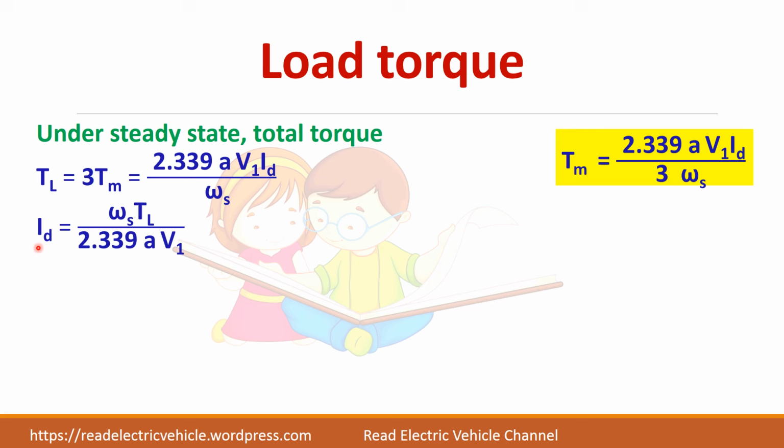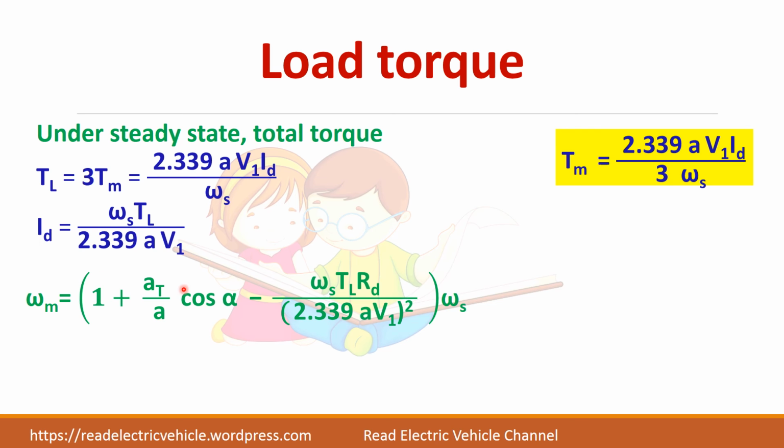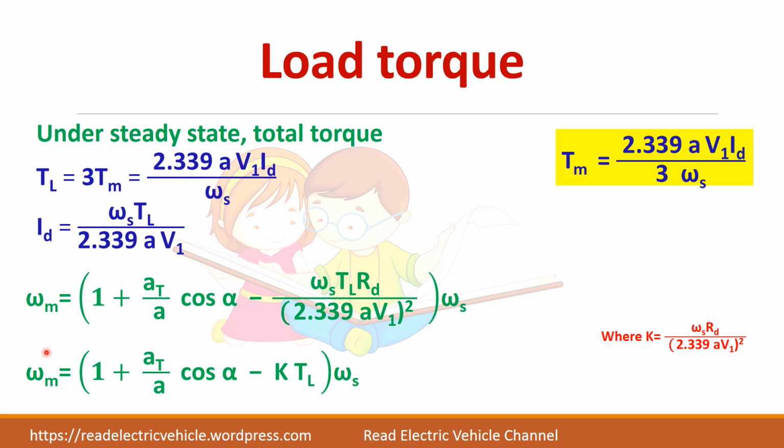From that you can find what is ID. This ID you substitute in the motor speed equation and get the equation for motor speed. So you can see that the speed depends upon the AT by A ratio, AT by A into cos alpha minus K into load torque.